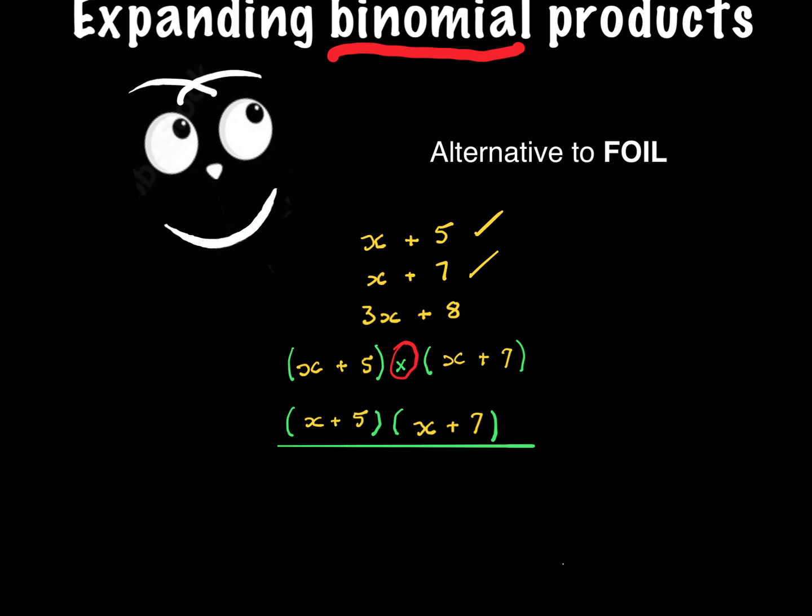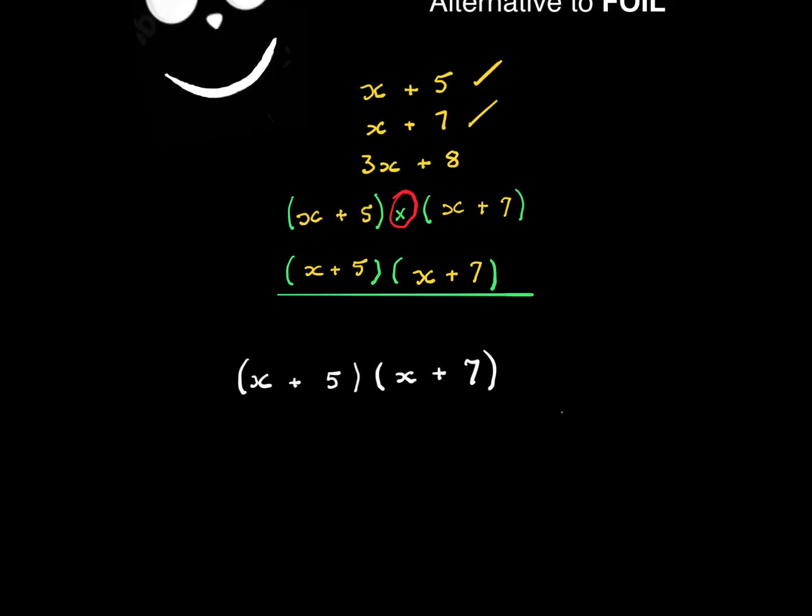And how do we expand this binomial product? There are several ways of expanding a binomial product. And one of these is, let me rewrite this expression again, using the silly face. Above, it'll be eyebrow, eyebrow, nose and mouth.